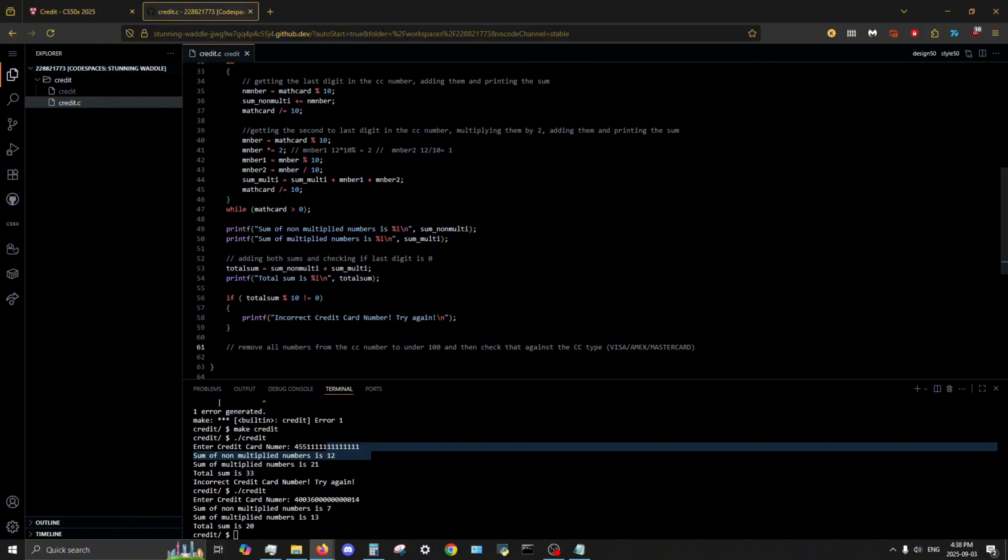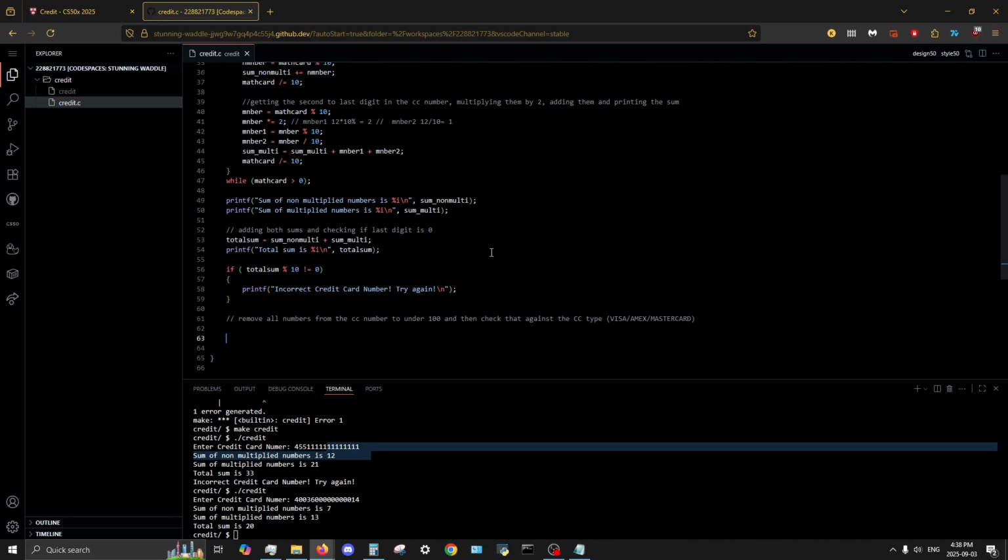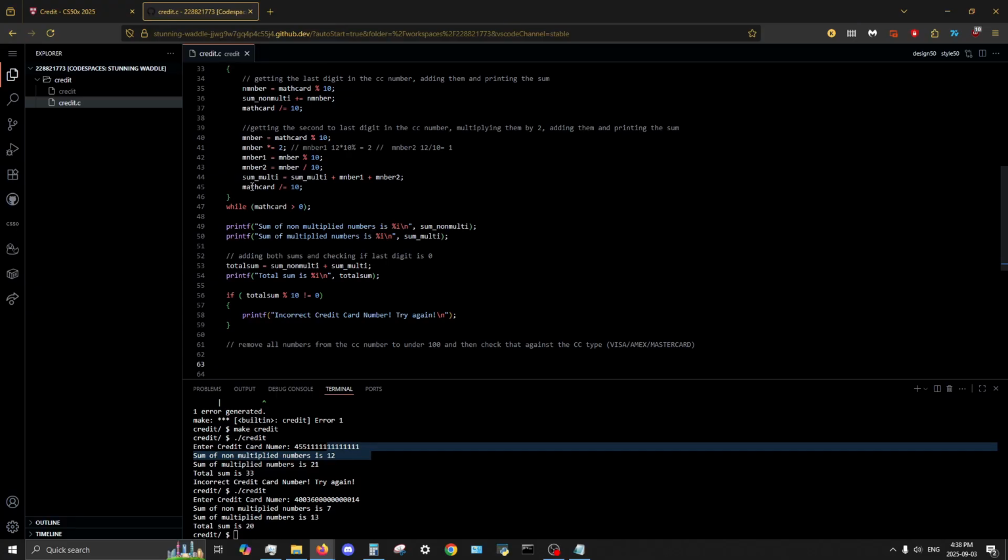The card always has to be long. Okay, so is it 10% again? 10% over and over and over until the number is, can we use, do we have to use another variable, or can we go back to using match card?